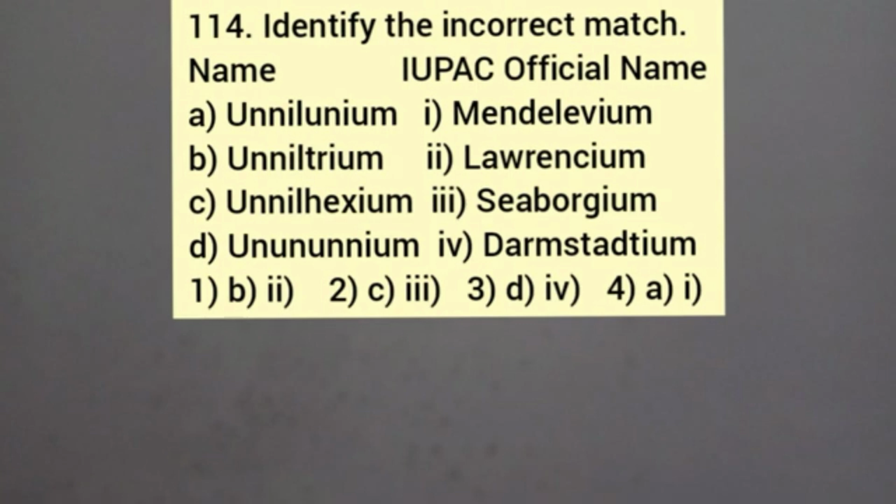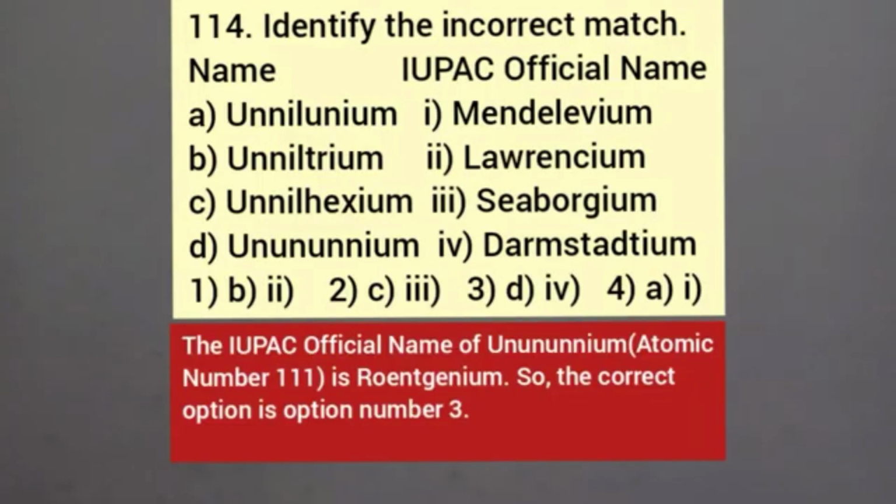Darmstadtium. Options: 1. B2, 2. C3, 3. D4 and 4. A1. The IUPAC official name of Unnilennium, atomic number 109, is Meitnerium. So the correct option is option number 3 here.